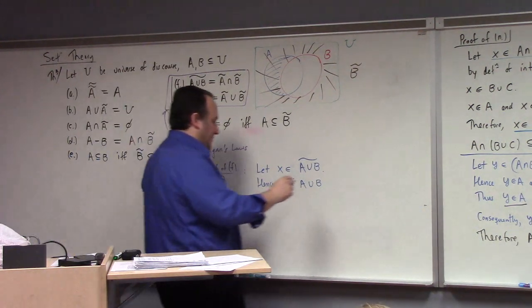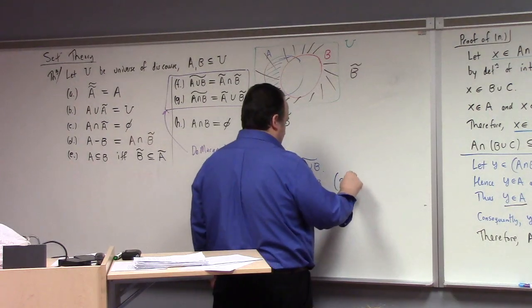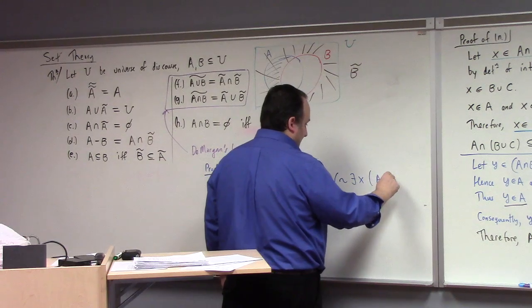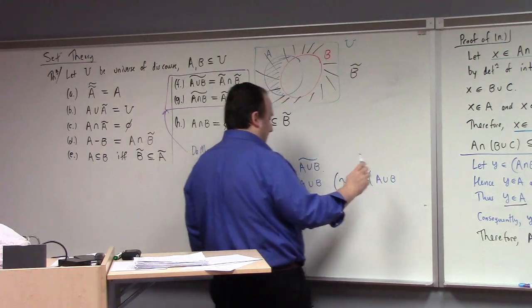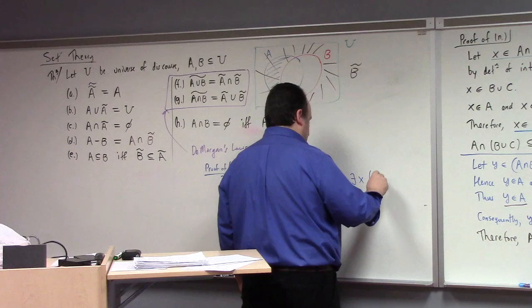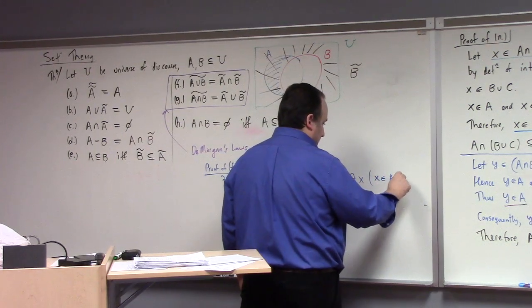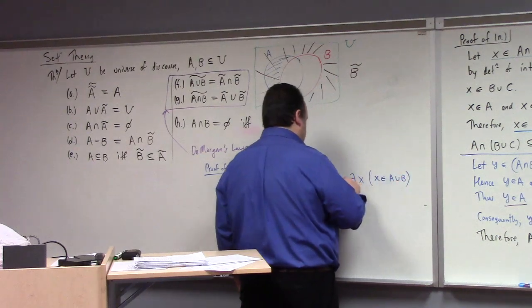In other words, symbolically, what's that? That's not there exists X, A union B, right? My bad, X. I think I could write it this way with the symbolic logic, right?